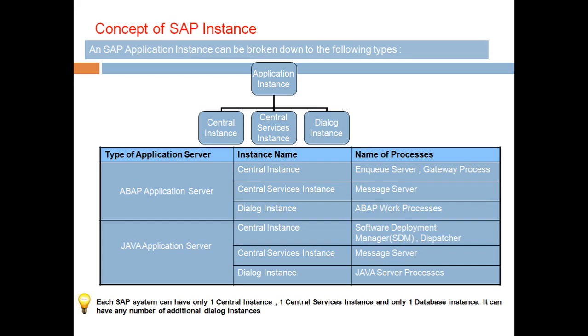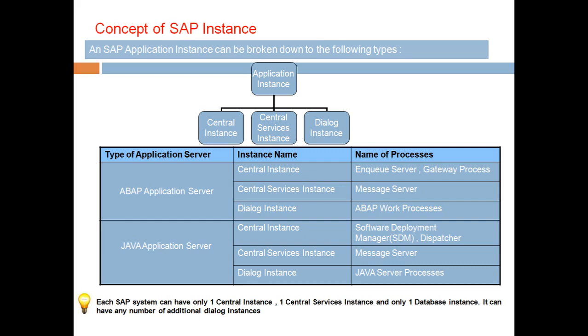So if you see here, the SAP system comprises two parts: basically, the application instance and the database instance. When the application instance and database instance reside on the same hardware, then we call it a single instance.